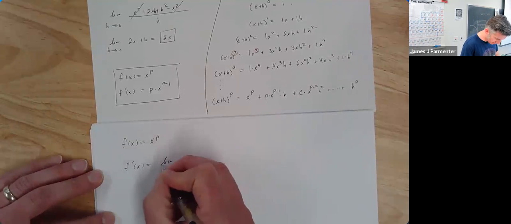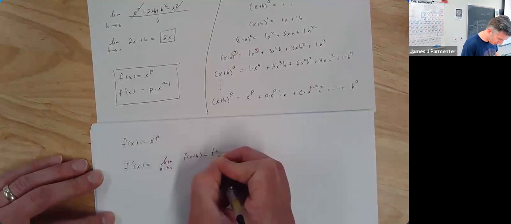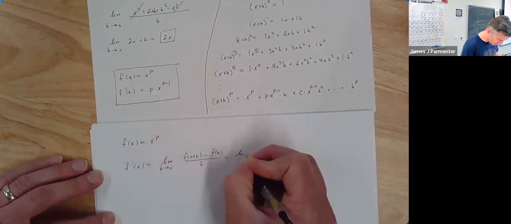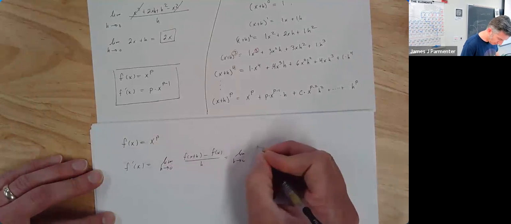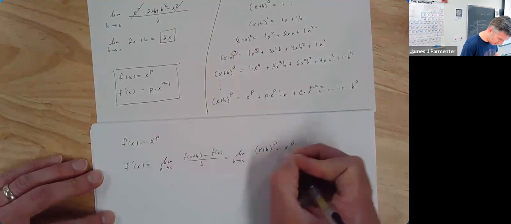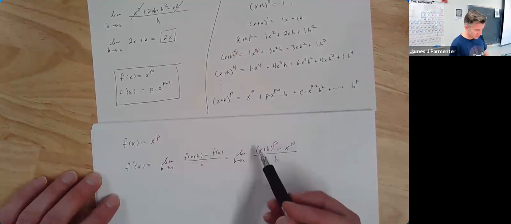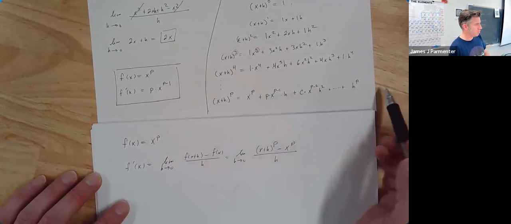The limit as h goes to 0 of f of x plus h minus f of x, all over h. That's the limit as h goes to 0 of x plus h to the p power minus x to the p, all over h. Now, we just mentioned that x plus h to the p power is all of this trash.